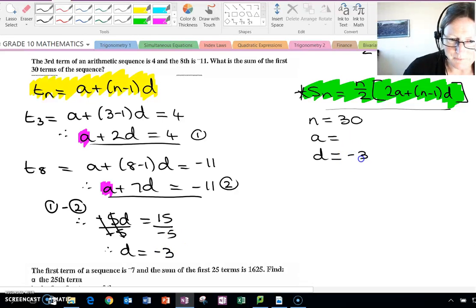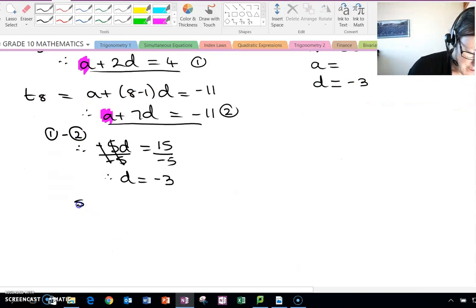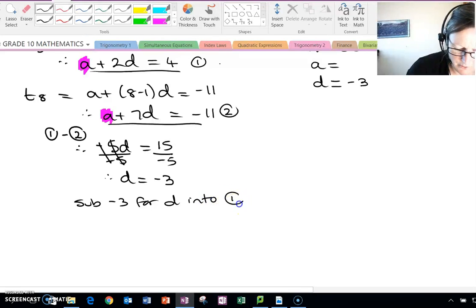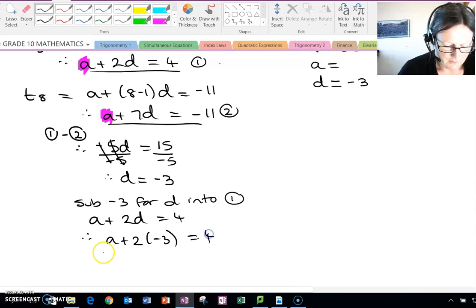So I have D. Now let's use this information to help us find A. So I'm going to sub negative 3 for D, and I'm going to do that into this first equation. Again, you can choose the second equation, but I'll choose the first one. So I've got A plus 2D is equal to 4, but remember I'm going to sub negative 3 for D. So A subtract 6 is equal to 4.